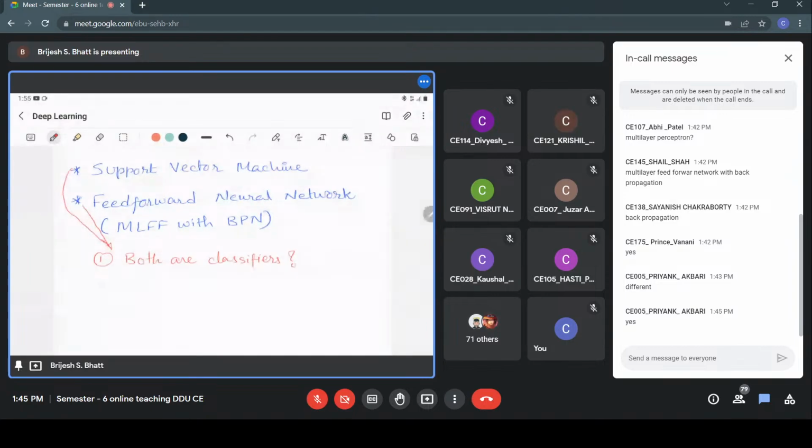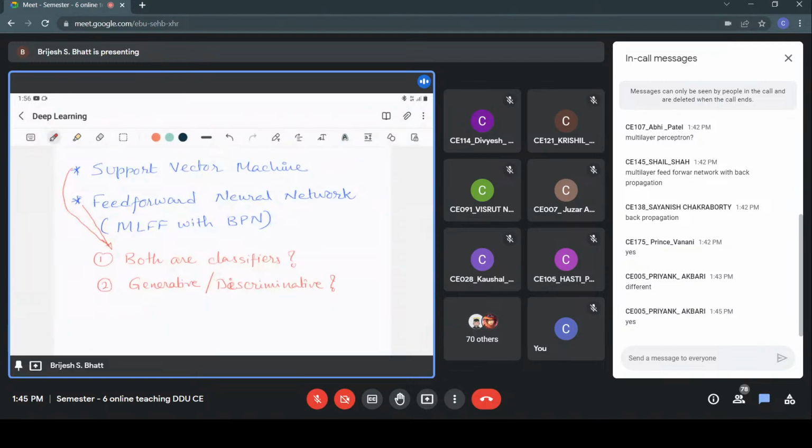And second is, are they generative or discriminative? What is your take on this?